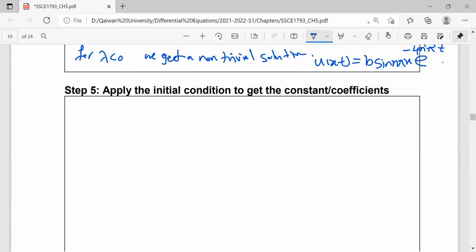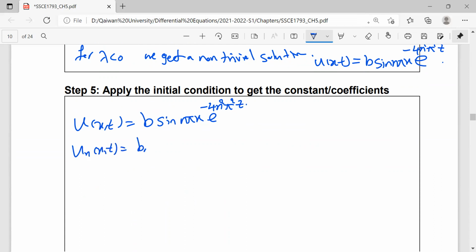We must find the value of b. How? We say u of x,t equals b sine n pi x e to the power -4 n squared pi squared t, and u_n of x,t equals b_n times sine n pi x e to the power -4 n squared pi squared t.